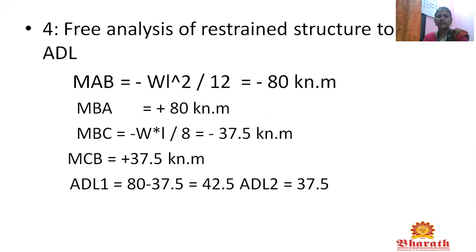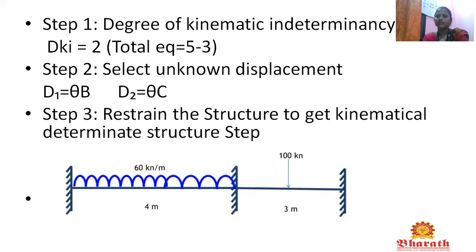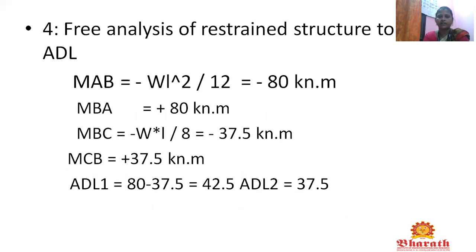Here for MBC, the moment is rotating in anti-clockwise direction, so minus WL by 8. What is W given in the problem? That is 100, so substitute 100 into L, 3 meters, divided by 8. After solving, we get minus 37.5 kilonewton meter.